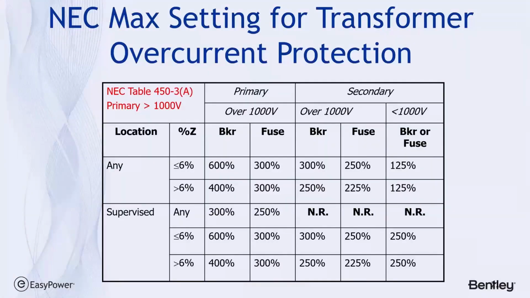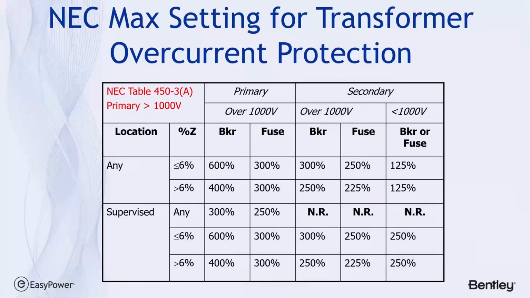Okay, for transformers that are more in the power system range, this is table 450.3(A), where primary systems are over 1,000 volts and secondary systems are over 1,000 and less than 1,000. And it's segregated by the impedance ratio, less than or equal to 6% and greater. What this tells us for primary protection is we can use a breaker that's rated up to 6 times the full load current rating.